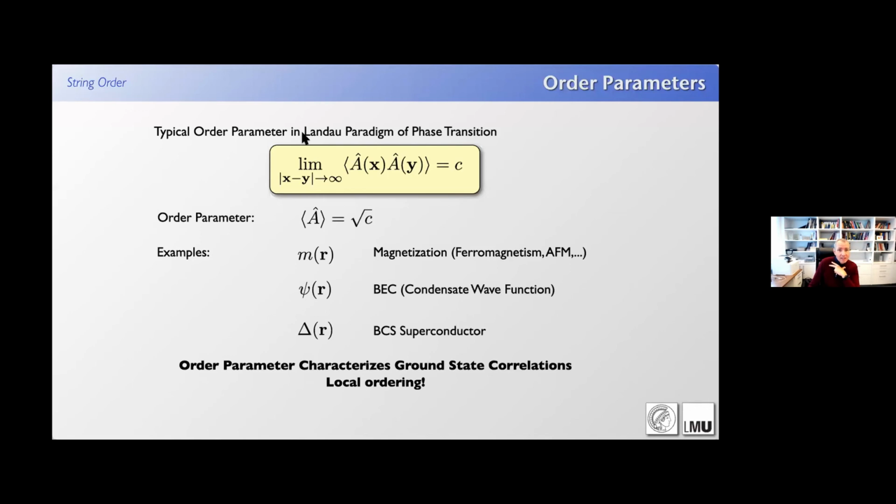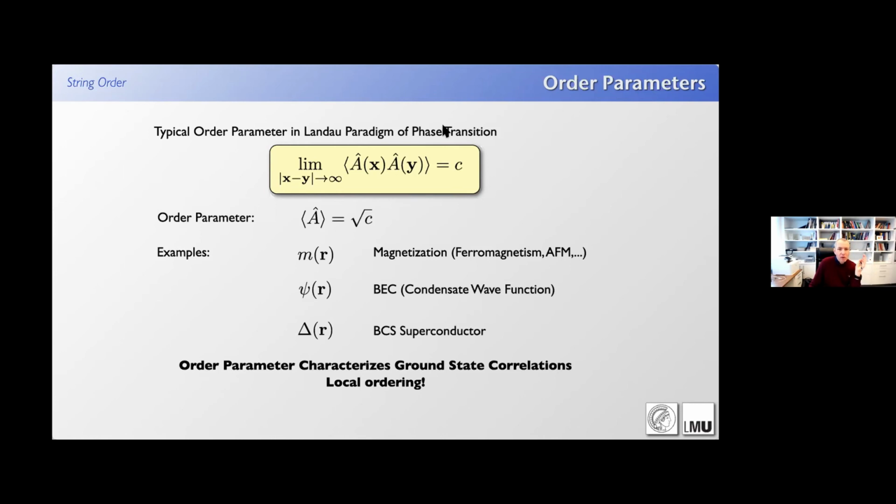And in this traditional Landau paradigm of phase transitions, we typically characterize the order parameter by some operator A, and we look at how it correlates at 2 points in space. If we take the distance between those 2 points to infinity, and this correlator assumes a constant value, then we say this is a good order parameter for the phase of matter that we're characterizing.